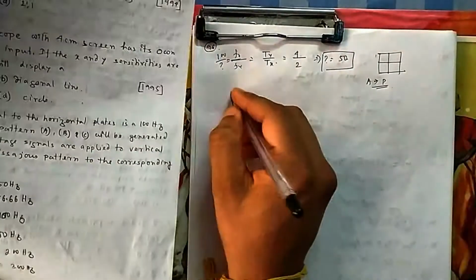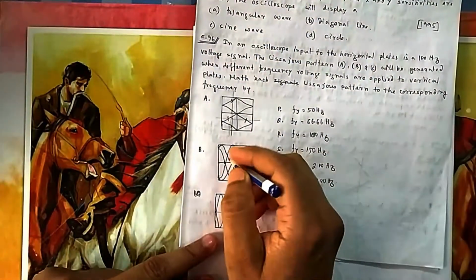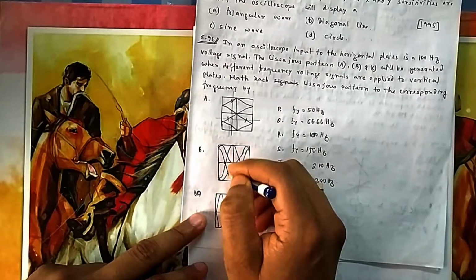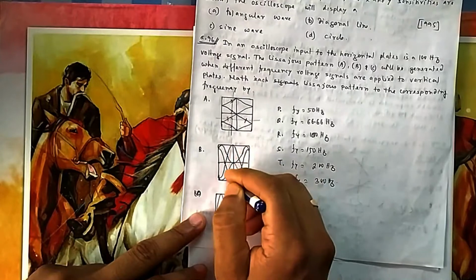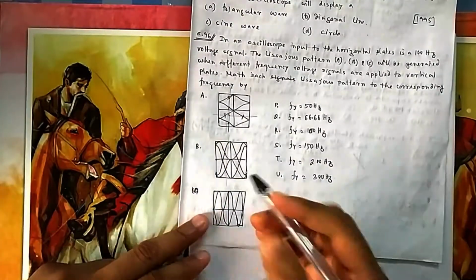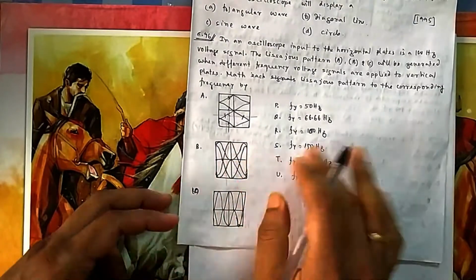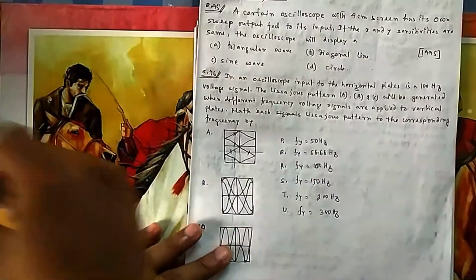Next, similarly, 100 by question mark equals what is the vertical crossing? Again you draw a line so that the maximum cut occurs. If I do it with this, the maximum will occur 1, 2, 3, 4. So there are 4 cuts. In horizontal you draw a line so that the maximum cut occurs.